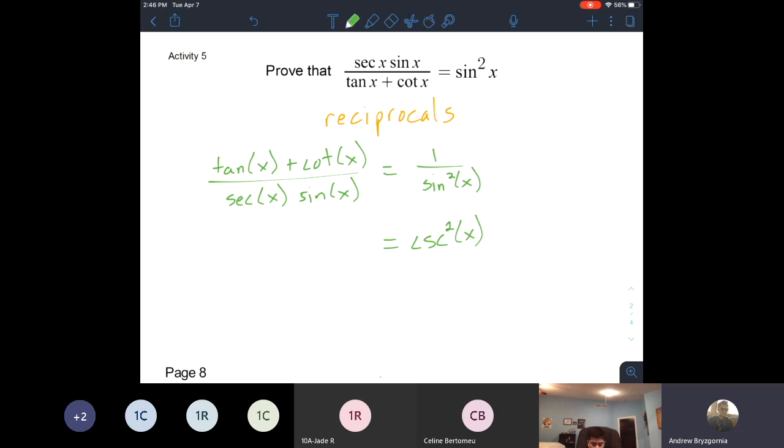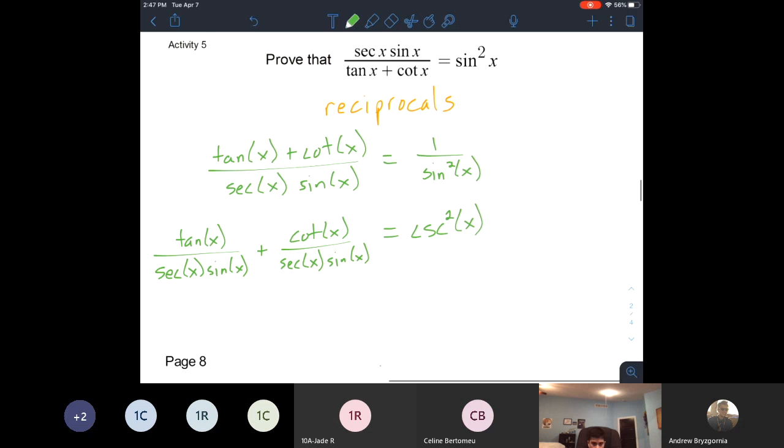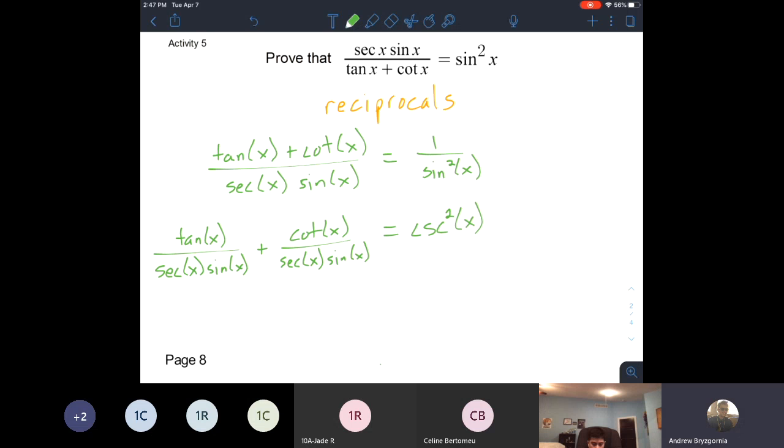Then for the left side, let's break that up into 2 fractions. We're going to get tangent over secant times sine, and then plus cotangent over secant times sine. Then I'm going to take pretty much everything and just turn them into fractions if possible.